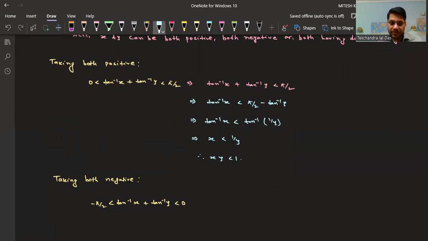But tan inverse x plus tan inverse y greater than minus pi by 2 is limiting, because tan inverse x plus tan inverse y can go up to minus pi also. So we'll solve only this one: tan inverse x plus tan inverse y greater than minus pi by 2. Both negative means x and y are both less than 0.